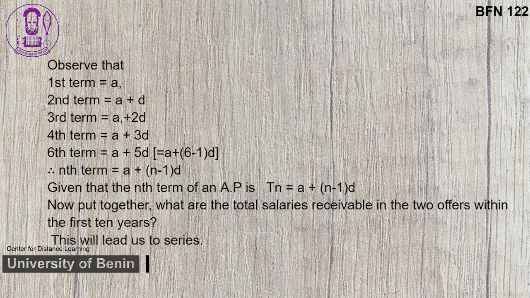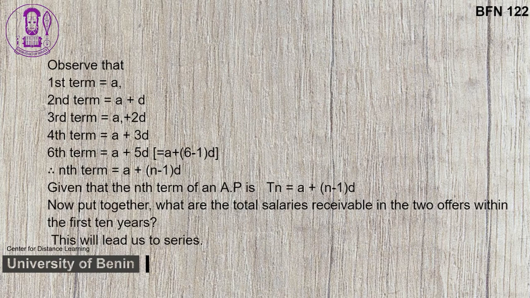Observe that first term equals A, second term equals A plus D, third term equals A plus 2D, fourth term equals A plus 3D, sixth term equals A plus 5D, equals A plus (6 - 1)D, nth term equals A plus (n - 1)D.